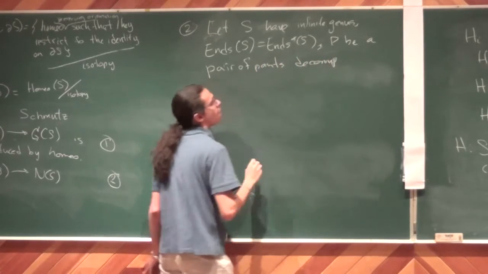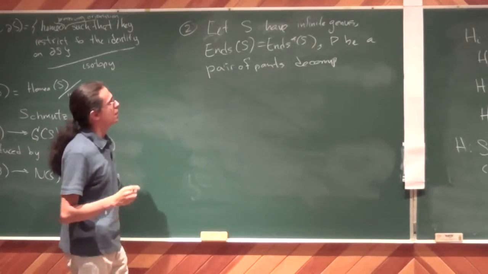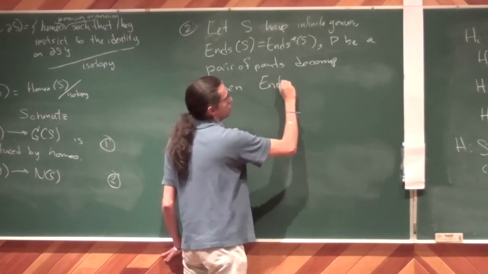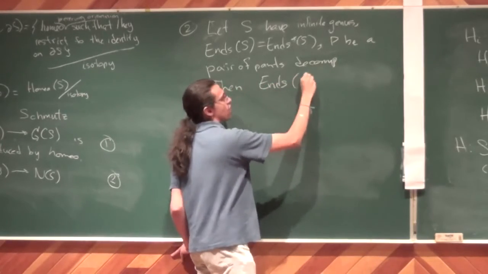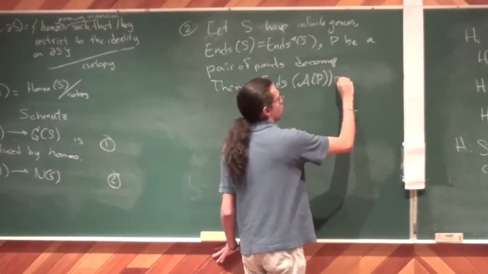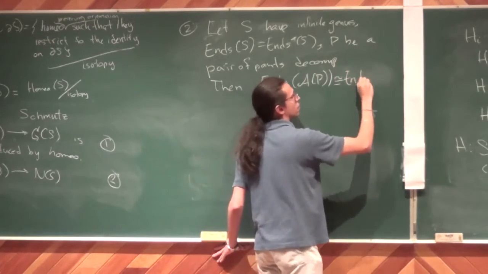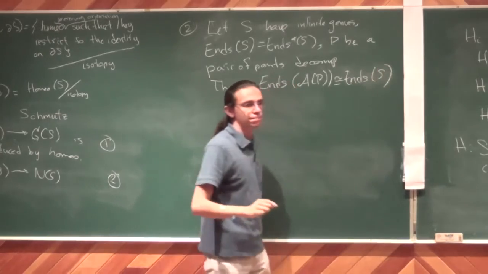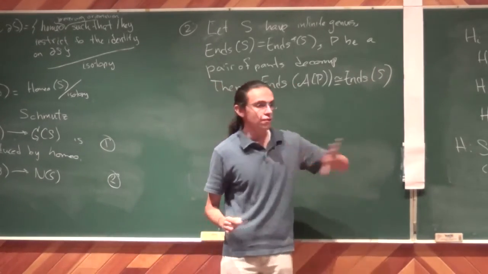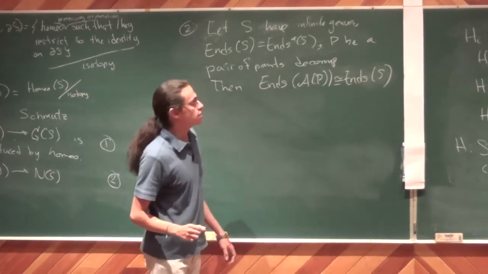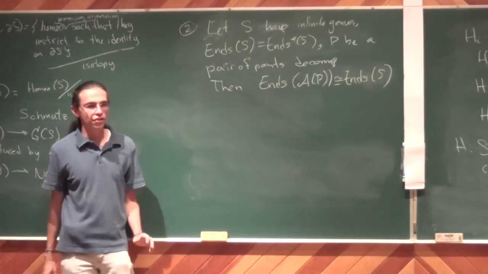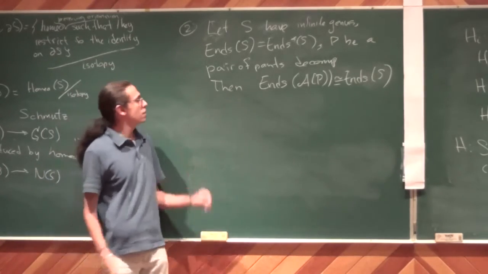If we have that, then the end space of the adjacency graph is homeomorphic to the end space of the surface. Okay? As I told you, the adjacency graph can be pretty much embedded into the surface, and that, and a lot of other things, is the way that we prove this.